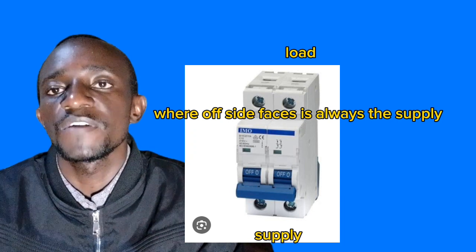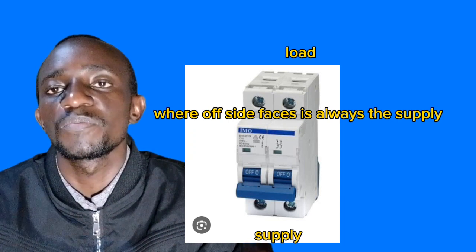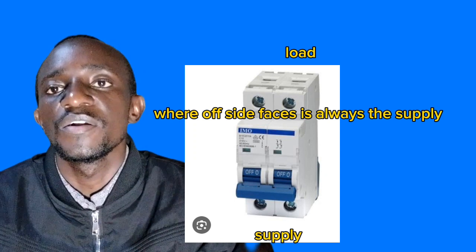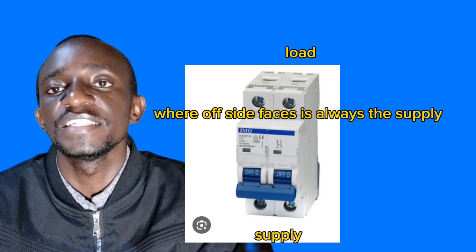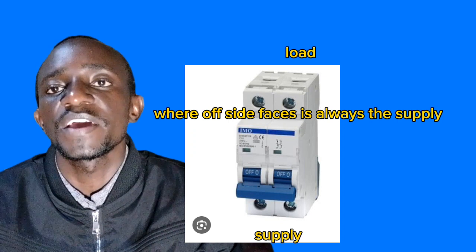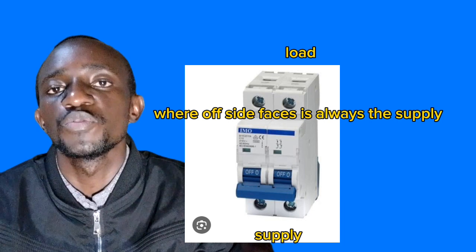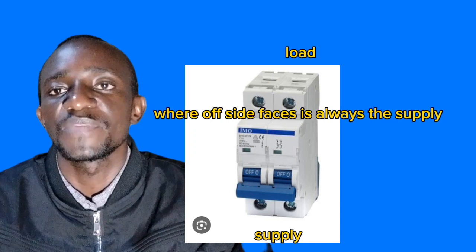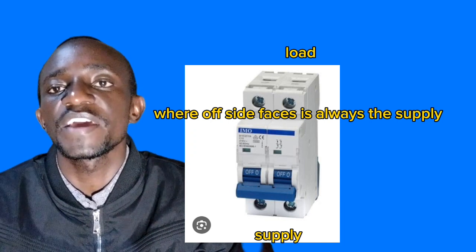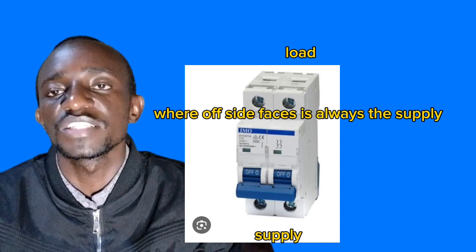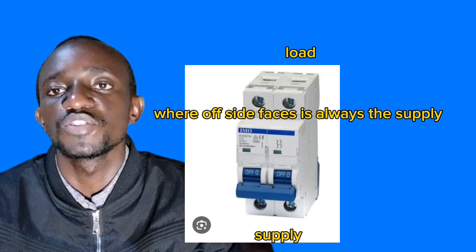When you have pulled your circuit breaker to either side, whichever side shows the green indication, the side where the switch is facing is where you should connect your supply. And on the other side where the switch is not facing, that's where you connect your load. So the load is the one which moves to the distribution board.